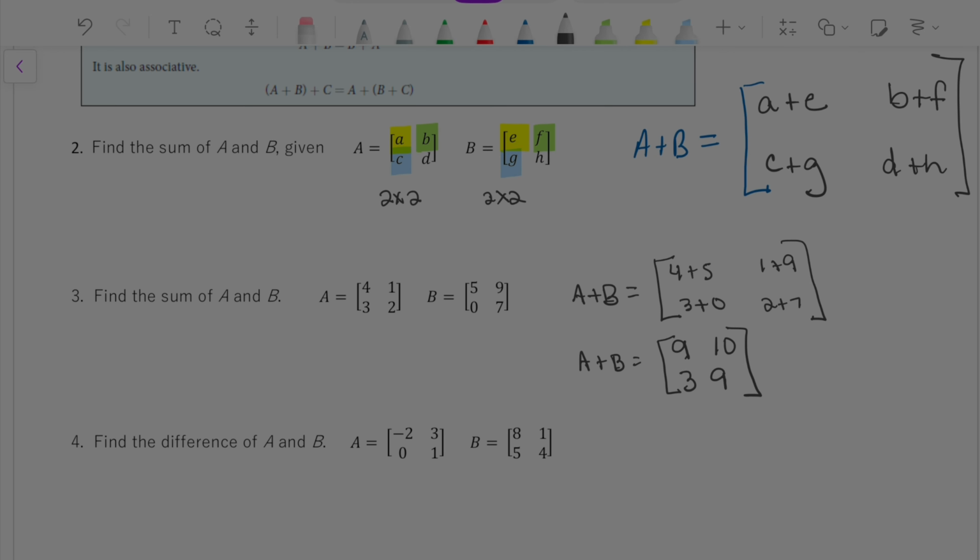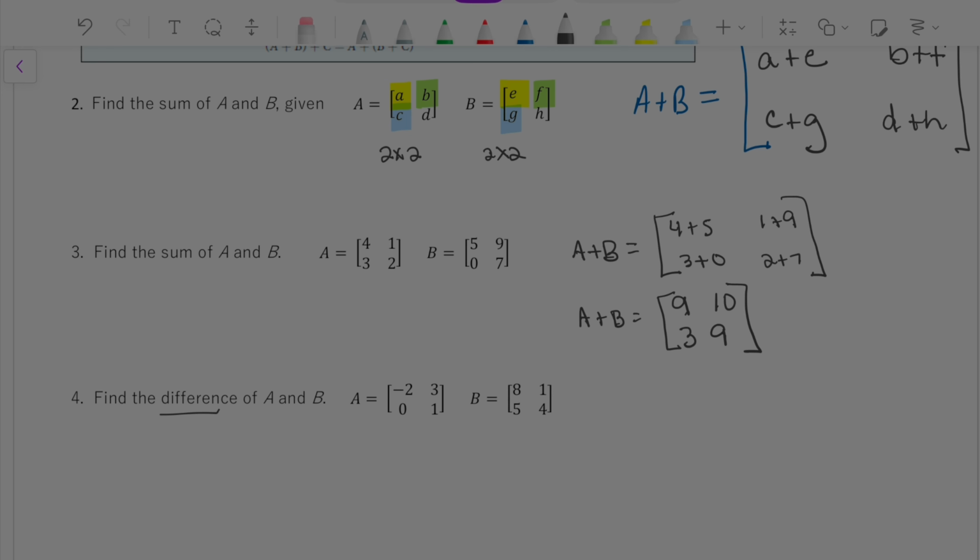All right. The difference, well, it's very similar to adding, except which one are you subtracting? The difference of A and B is A minus B, so whatever comes first minus whatever comes second. So it's, again, component-wise.